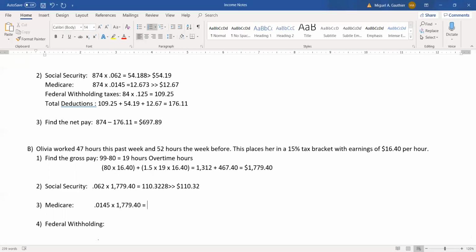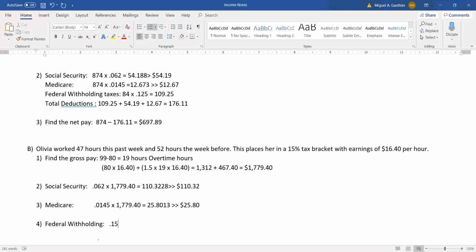I typed this in my calculator, off screen. That gives us 25.8013, which rounds to $25.80.